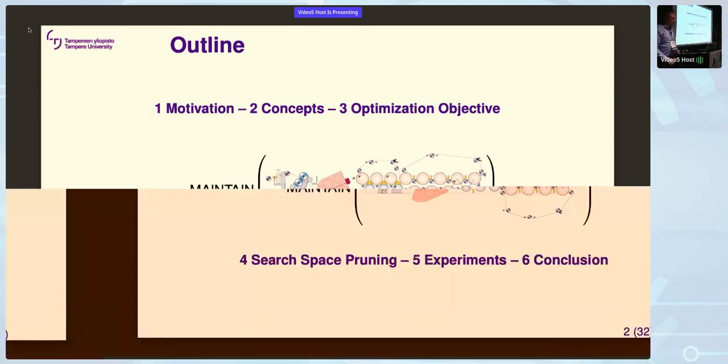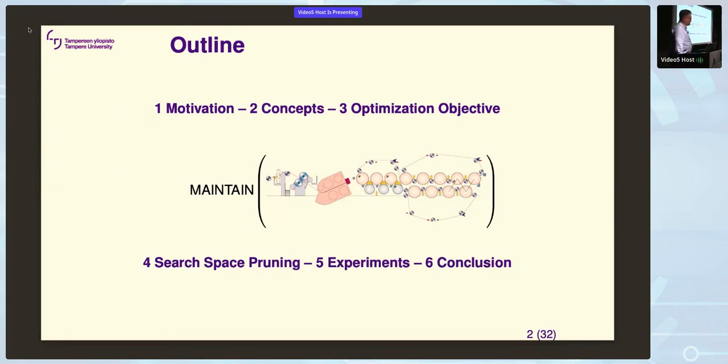ahead. So in this talk, I will discuss maintenance of machines and describe some concepts we have used in our simplified, conceptual model of the problem, and then define a particular optimization objective which is derived or presented in the previous paper.